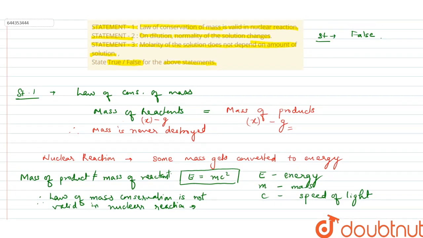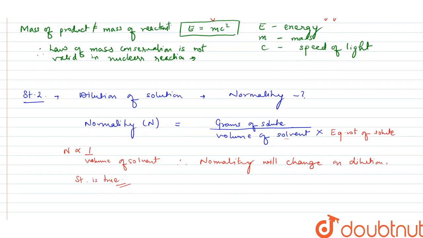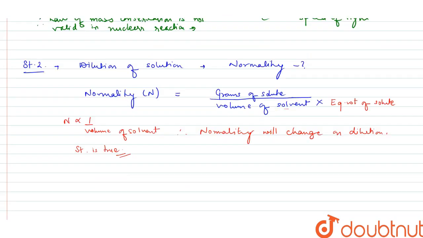So statement 1 is false and statement 2 is true. Now we have only one statement left, the third, which says molarity of solution does not depend on the amount of solution. Let us analyze this statement also. First of all, let us understand what molarity is.